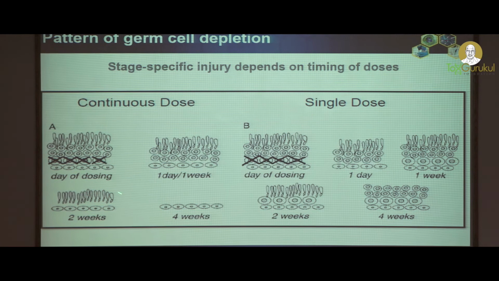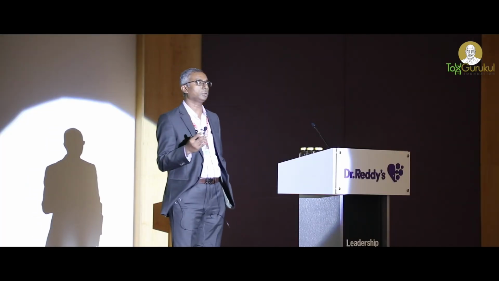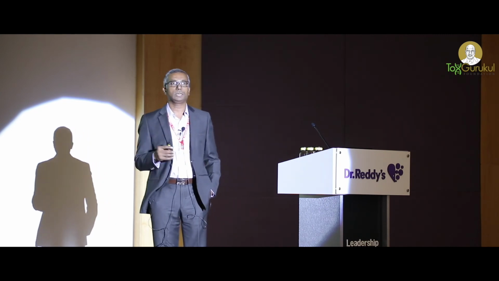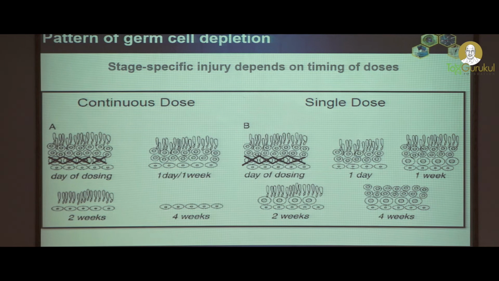When you continuously administer for 4 weeks, you only see Sertoli cells, or Sertoli cells and the spermatogonial cells, present in the tubule. Rest of all the cells which were supposed to mature from these pachytene spermatocytes are dead. If you give the same compound in a single dose, those pachytene spermatocytes are not going to mature, and you see that there are no elongated spermatids after 4 weeks in this case.